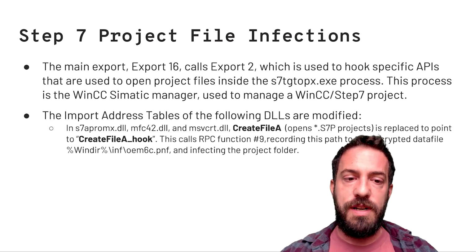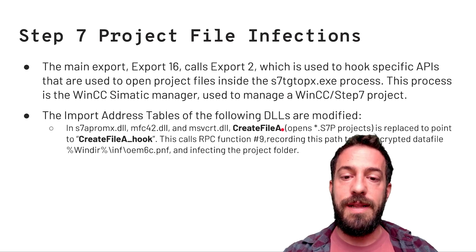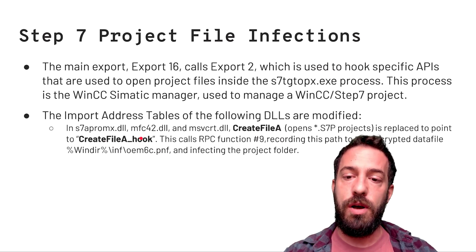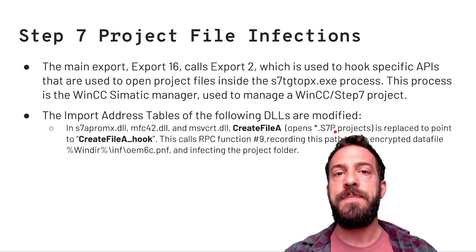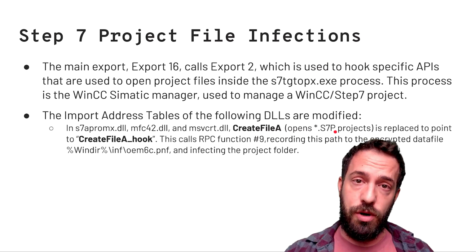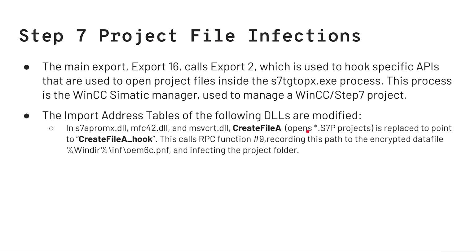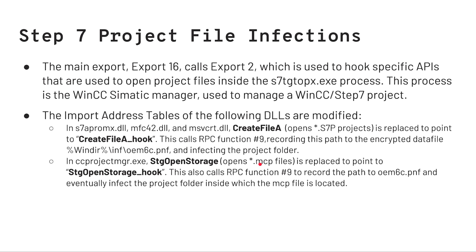The ones that were modified would be CreateFileA, which will be redirected to CreateFileA hook, where when you load an S7P project, Stuxnet would be called first, and then the regular operation will continue. The same would happen with the MCP files through STG open storage.